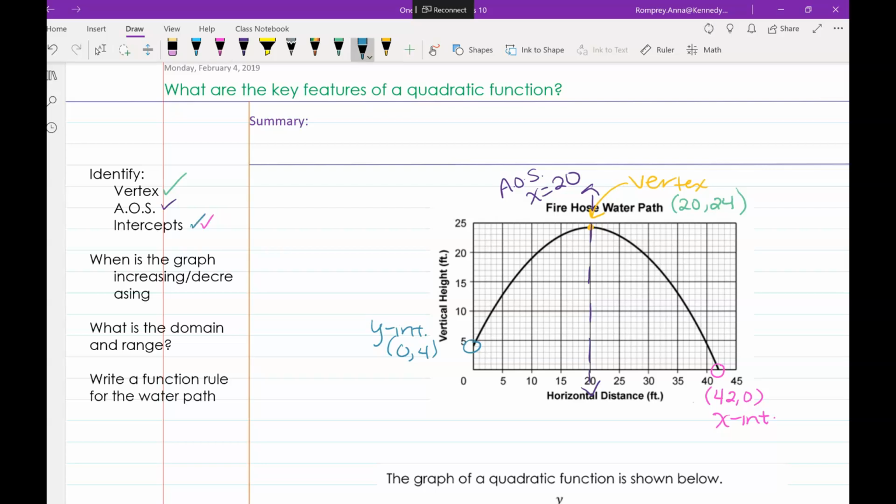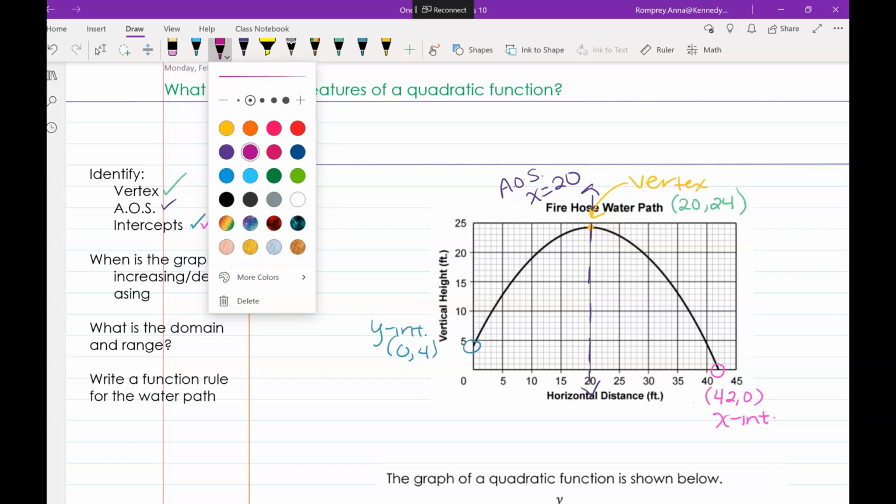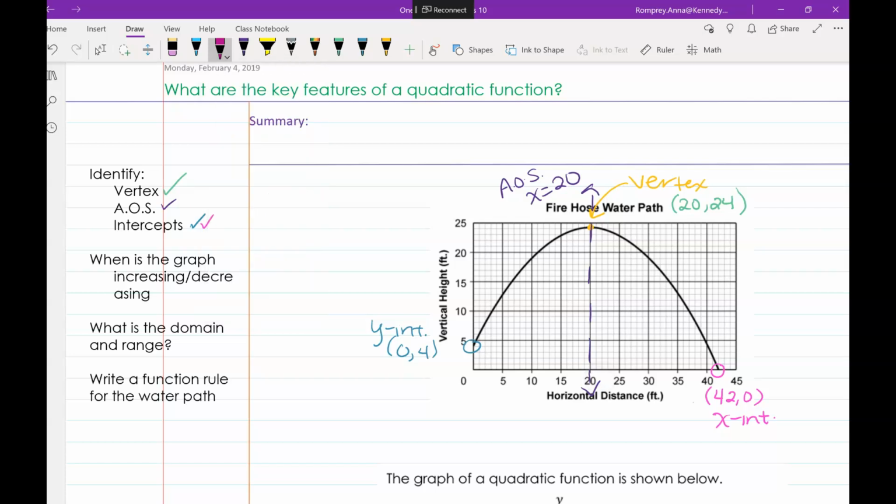Cool. So when is the graph increasing or decreasing? Okay, so again, how do we read a graph? This is super important. Just like we read a book, left to right. So when I first look at my graph, I see it is going up. So my graph is increasing from, now again, this is how we read a graph.